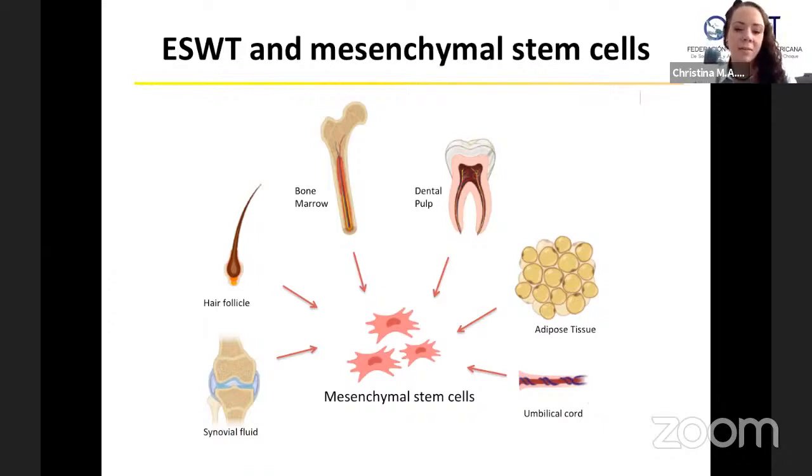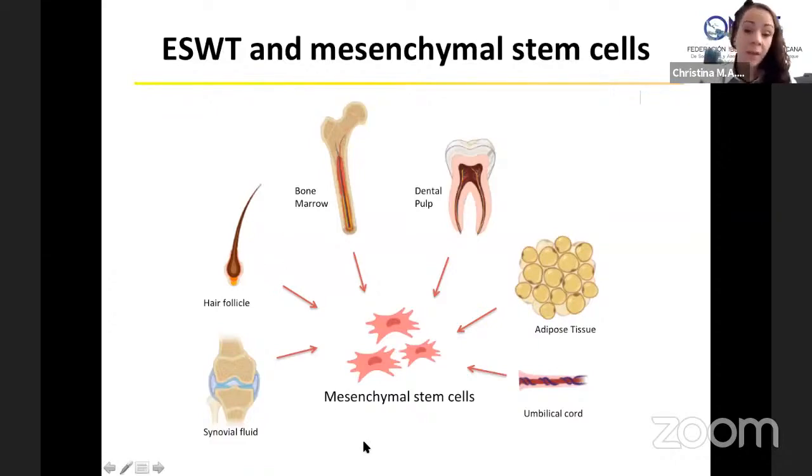These tissue-resident mesenchymal stem cells are crucially involved in tissue regeneration. However, one of the issues with those tissue-resident stem cells is that with age, they decrease in number and in quality, meaning that they are not capable of fulfilling their functions.